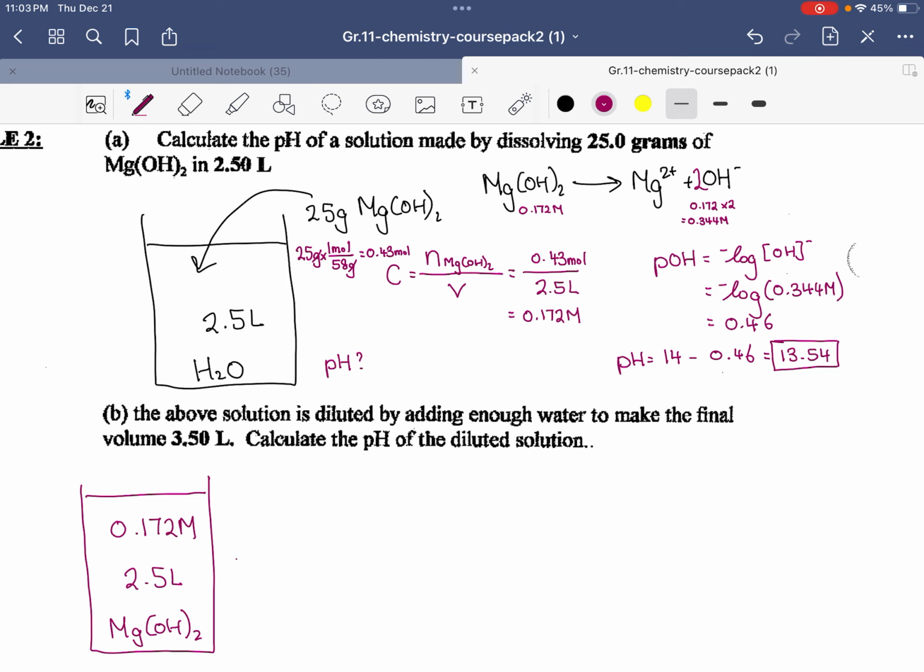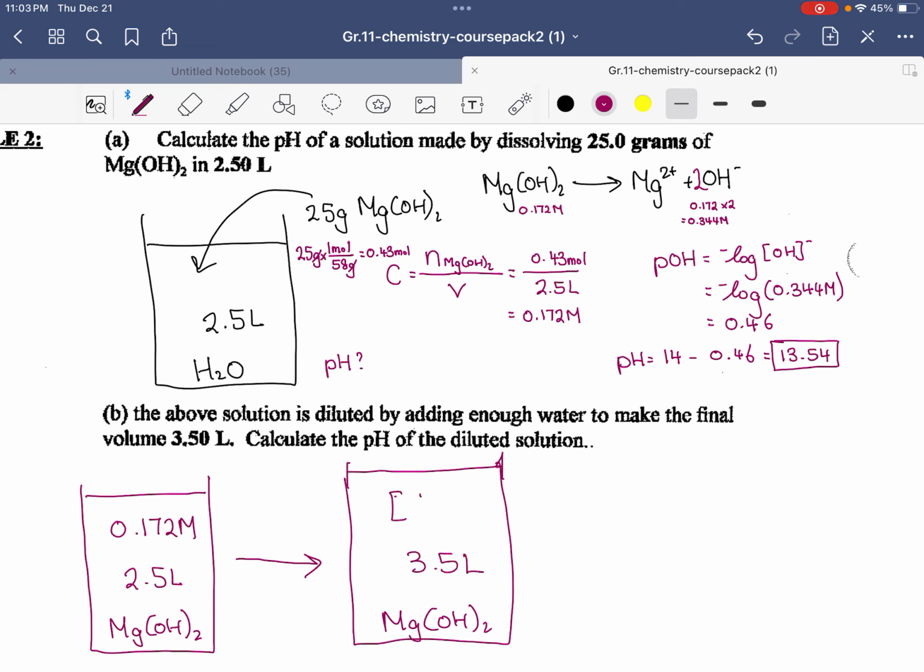And we are going to turn this. Let's draw a bigger beaker. Same moles, but 3.5 liters. What is the concentration? Eventually, what is the pH?